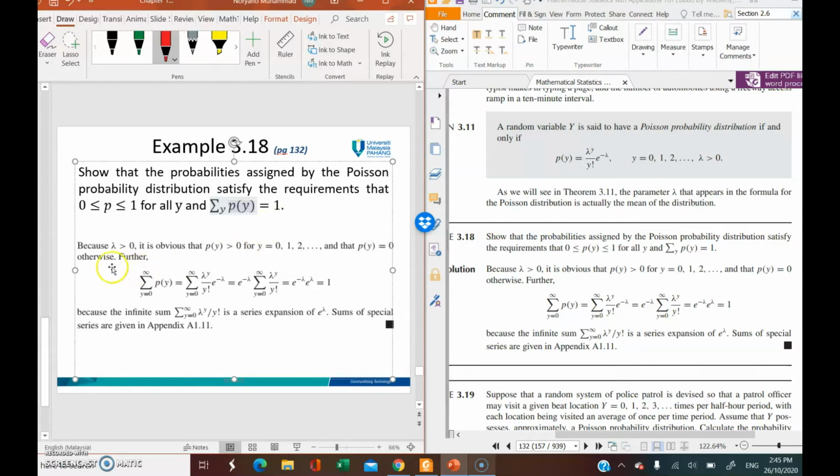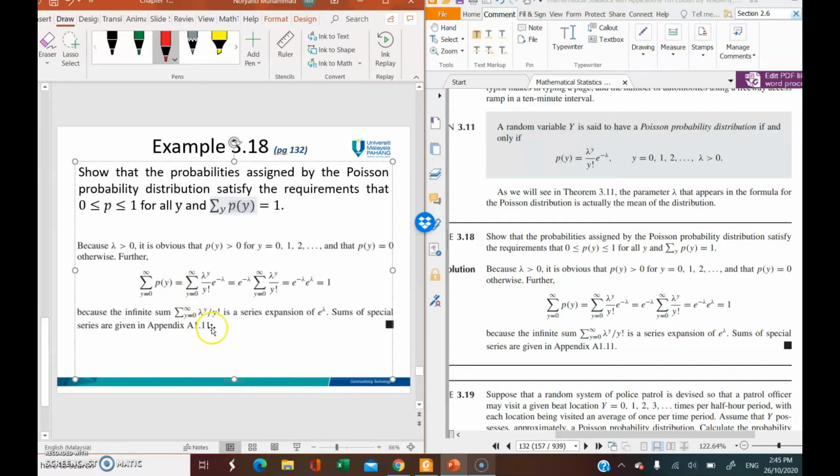Alright, so since lambda is greater than 0, it is obvious that the probability function is greater than 0 as well, because your y starts from 0, 1, 2 until infinity, and the probability is 0 otherwise.